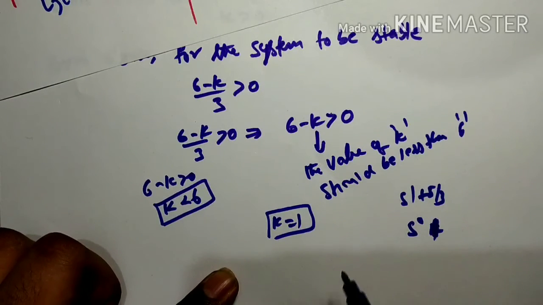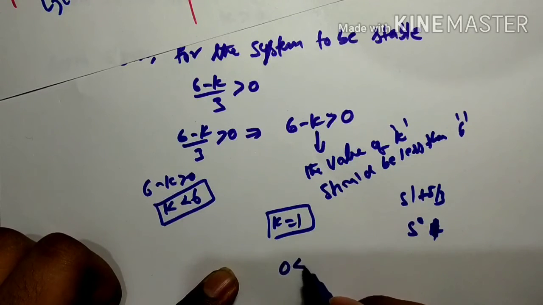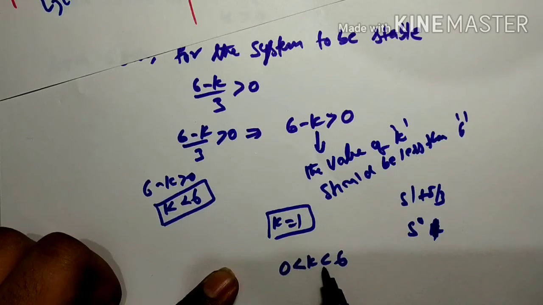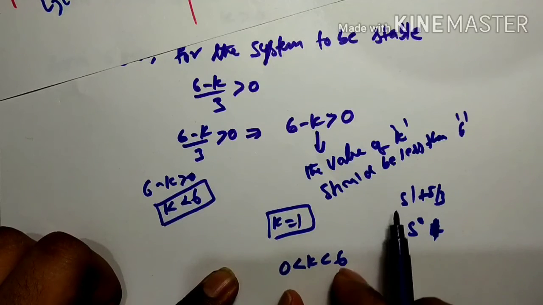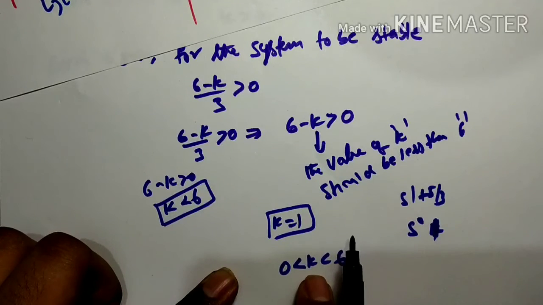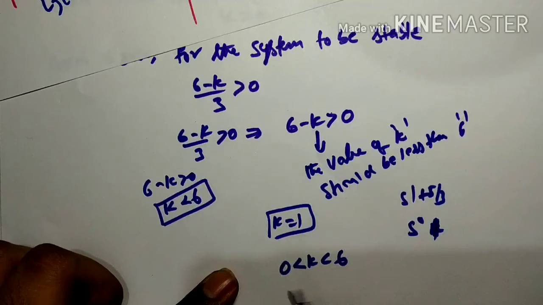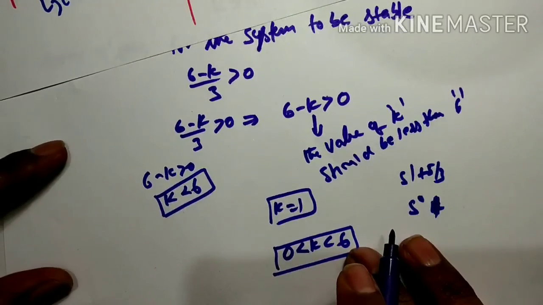So the range is this. The k value should be greater than 0 and less than 6. The k value between 0 and 6 should be there. Okay, k should be greater than 0 and less than 6, then your system becomes stable.